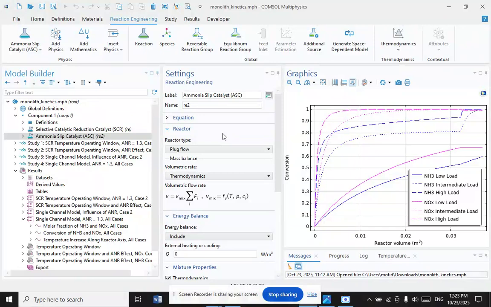Therefore, it is reasonable to perform simulations where a single reactive channel modeled by non-isothermal flow equations represents the monolith reactors. These equations are available within the plug flow reactor type in the reaction engineering interface.